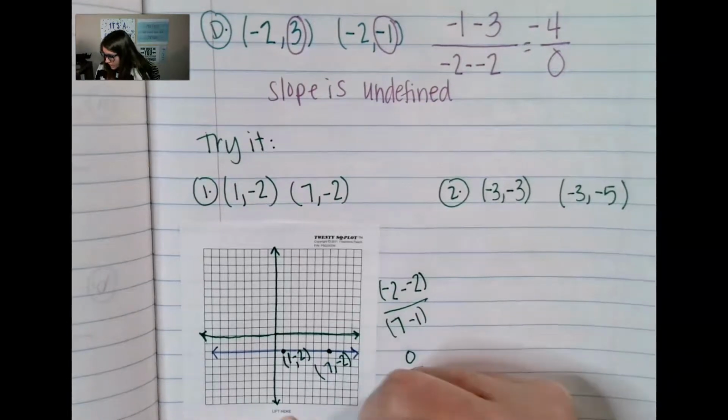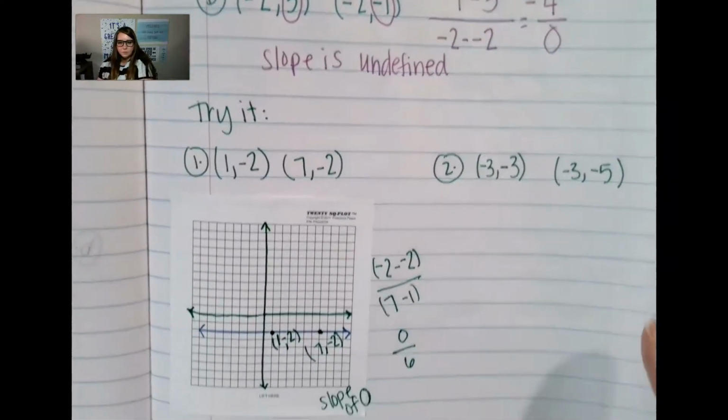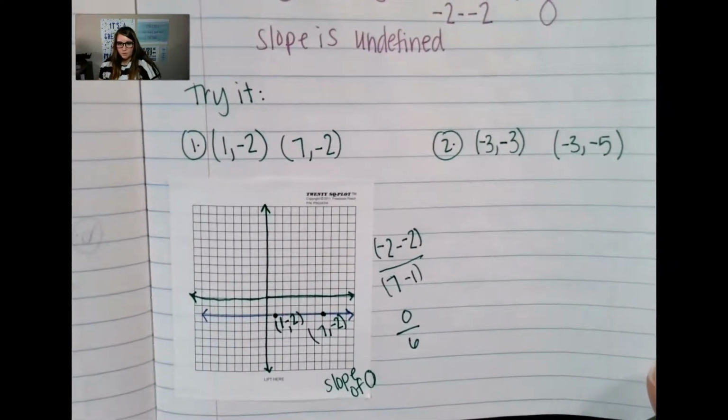And so this one has a slope of 0. Okay, so that's our first one. It has a slope of 0.